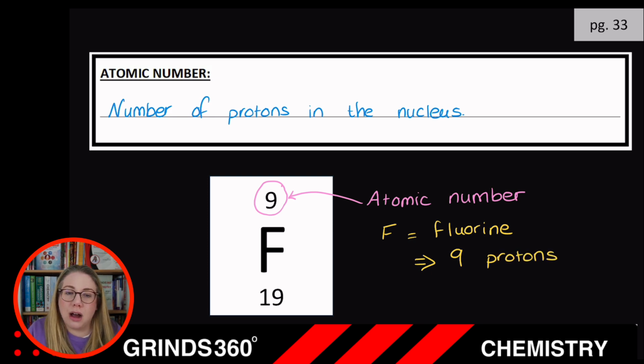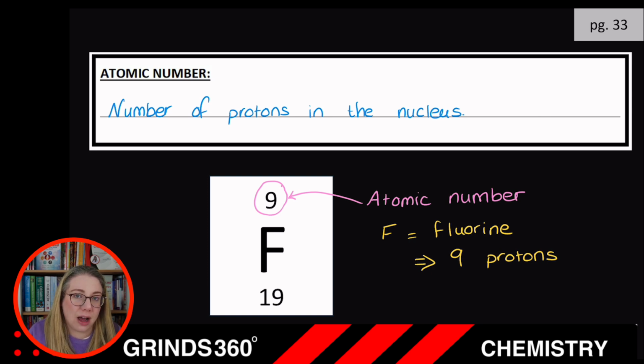Now, atoms are what we call atoms overall. When you've looked at all of the subatomic particles, they are neutral. So your number of protons must be the same as the number of electrons. So in a neutral atom, the word atom means you're dealing with something that has the same number of positives and the same number of negatives. We use a different word for something that's charged.